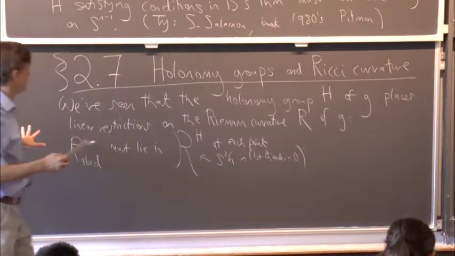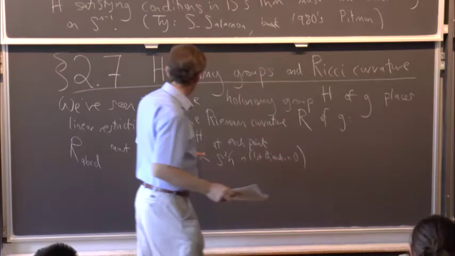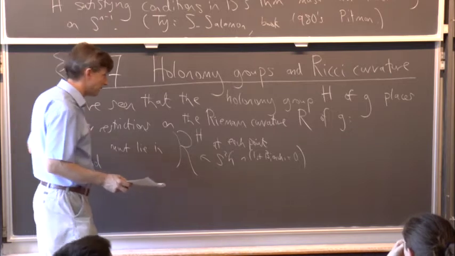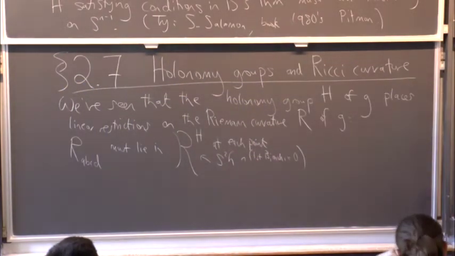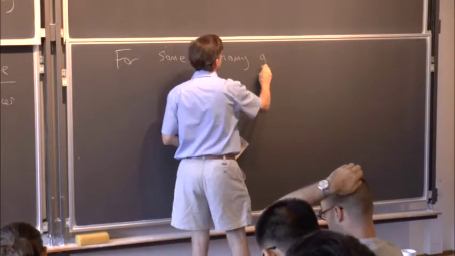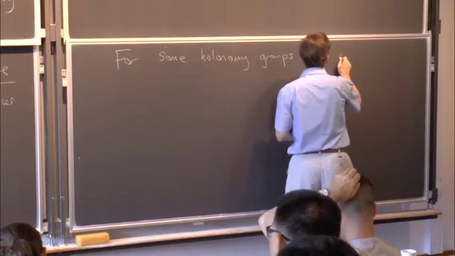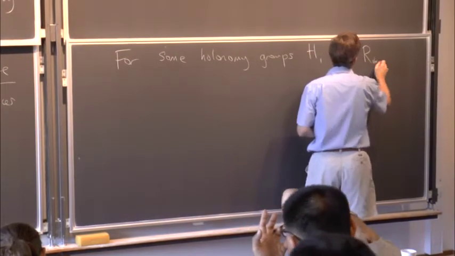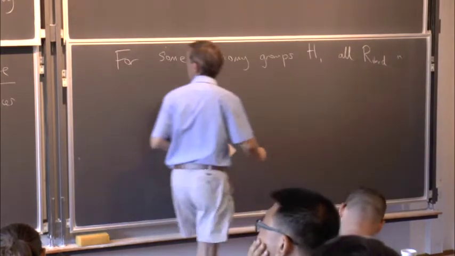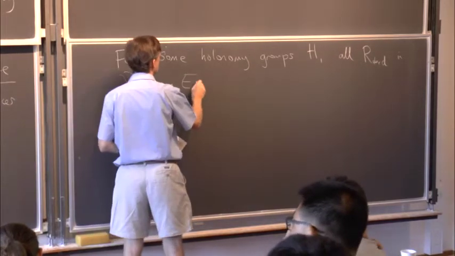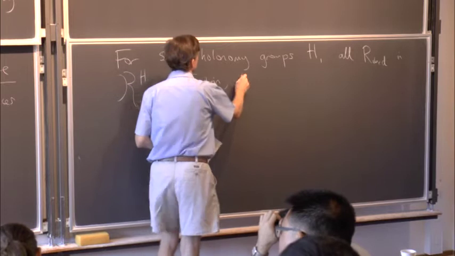Now, we don't know that every element in here can be a curvature tensor of a Riemannian metric, but we don't necessarily care about that. The important point now is that for some, actually most, of our interesting holonomy groups H, it turns out that all R_abcd in this space curly R(H) are either Einstein or even Ricci flat.